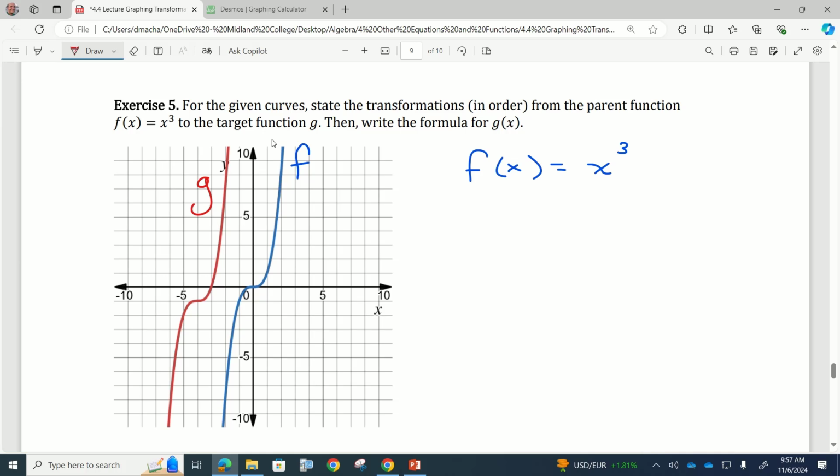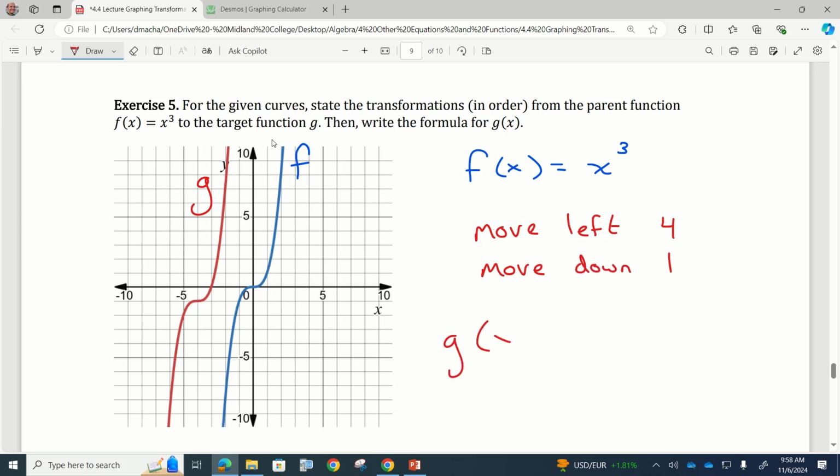How is this g curve different from the f curve? I'm moving to the left how many units? 4. And then I'm moving down how many units? 1.